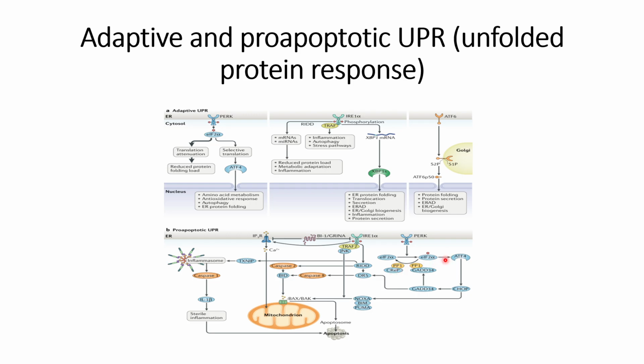Because of this, the efficiency of EIF2 alpha to function as it does in the adaptive UPR will be reduced, and it will change its pathway, such as it will start producing a CHOP protein.